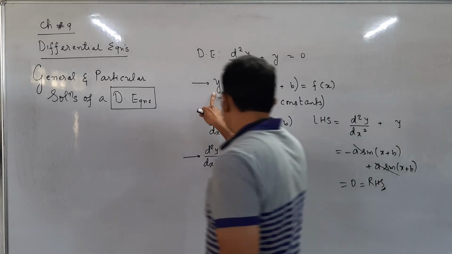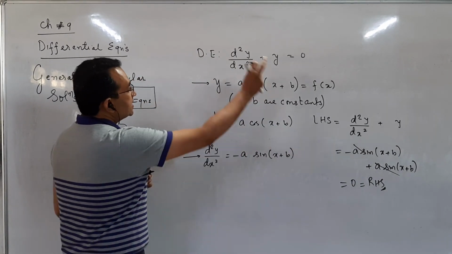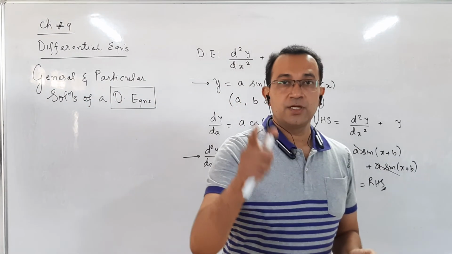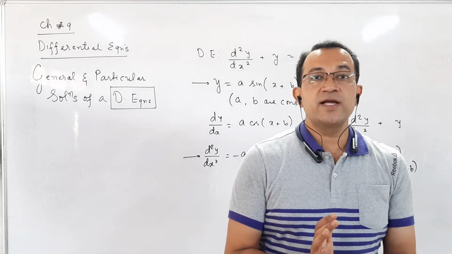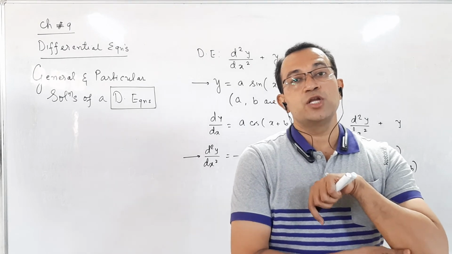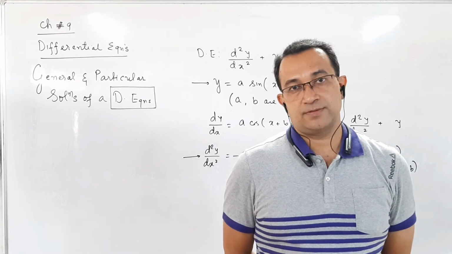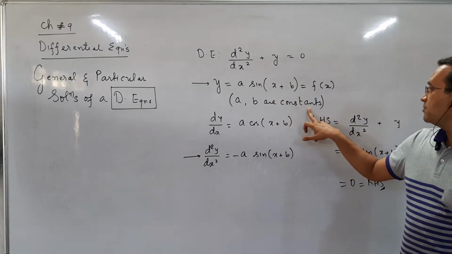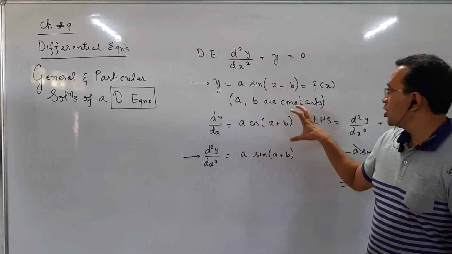So a function along with its derivative, when it satisfies the differential equation, is called a solution of the differential equation. And specifically, here a and b are arbitrary constants. Constants are not given any values.